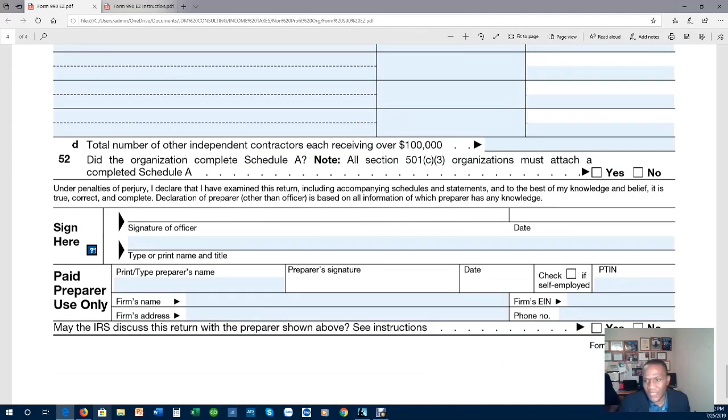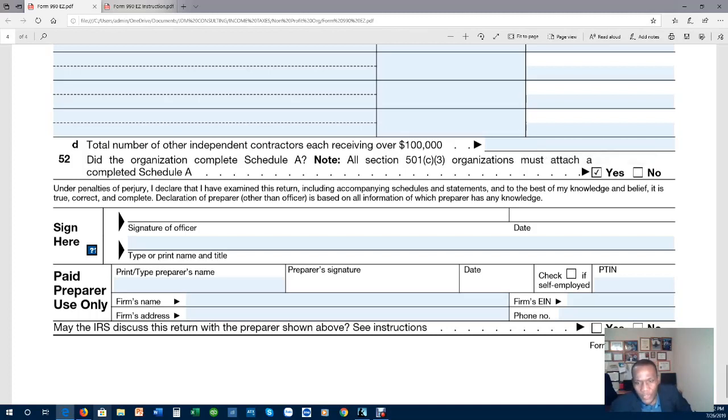Note all Section 501(c)(3) organizations must attach a completed Schedule A. If you are a Section 501(c)(3) organization, you definitely must attach a completed Schedule A, and in that case, you must say yes here.